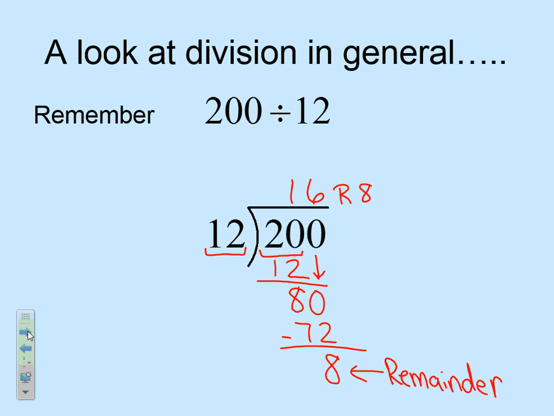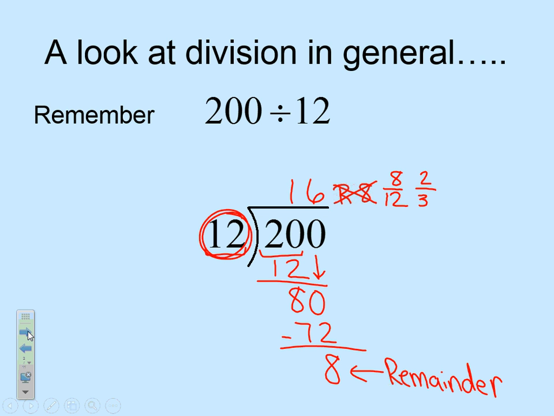But then later we graduated to understand what remainders represent and how we can rewrite these remainders as fractions. So we probably rewrote it as, instead of R8, 8 out of 12, because 12 is what we were dividing by, and we of course would have simplified that, dividing both by 4. We'd say, well, the answer is 16 and 2/3, or 16.6 repeating.